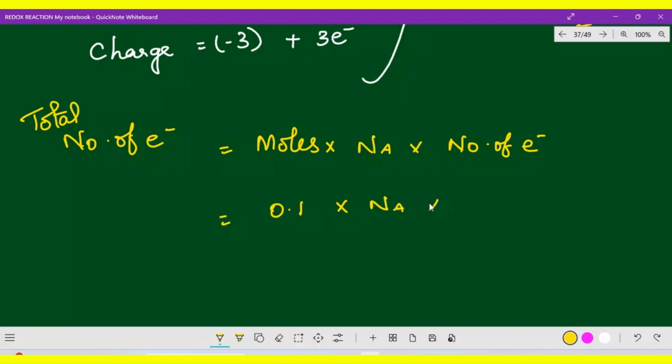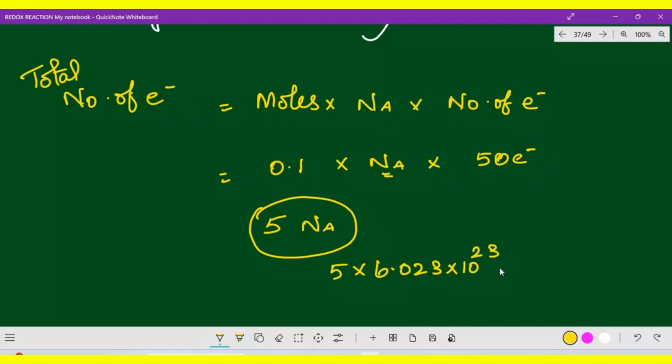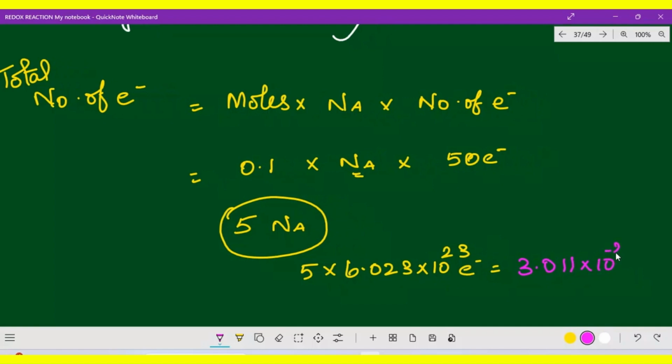Or else 5 into 6.023 into 10 to the power of 23 electrons, which gives 3.011 into 10 to the power of 24 electrons. This is the correct answer.